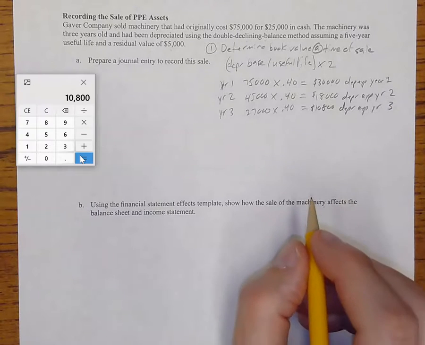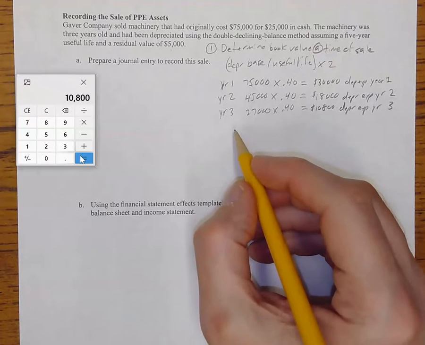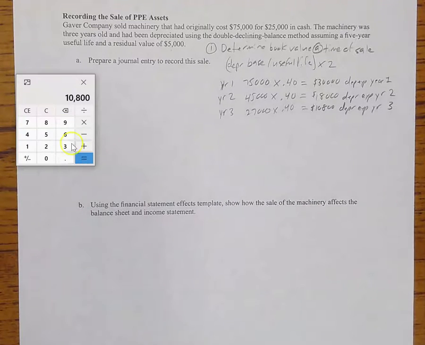Okay, so now I have everything that I need to actually make these journal entries.